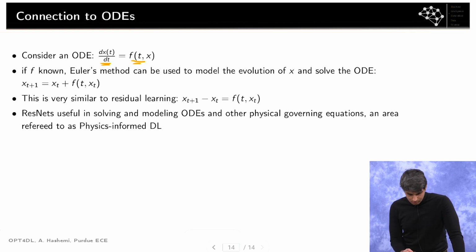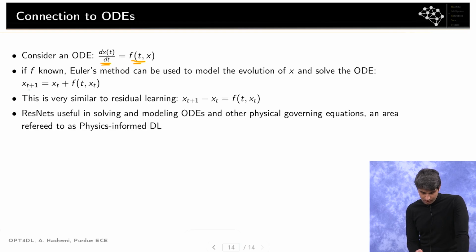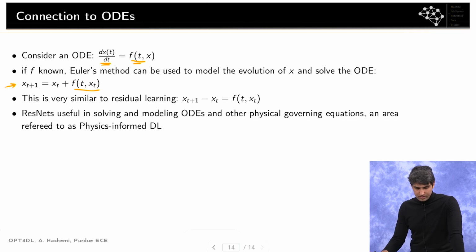So the idea is therefore that we're going to form the following update. x_{t+1} is x_t plus f at t and x_t, where this difference is essentially the discretization of the derivative. Now, if we do some rearranging, you'll notice that this difference is essentially, again, like the residual, equal to f at t and x_t.